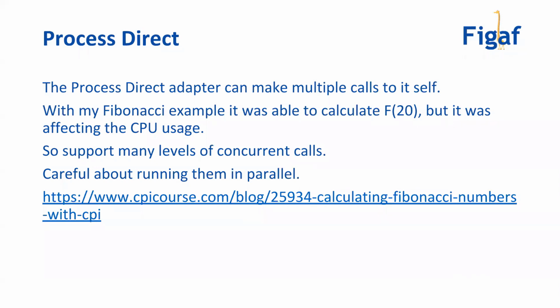Do be careful about setting the numbers to more than 20. I think 22 crashed on mine, but maybe that was some other problem. Another thing I found was if I set the process to run in parallel, so both run 19 and 18 in parallel, it would create a lot of different processes concurrently, and this would affect the performance, and it was, I don't know, many times slower than if I just ran one at a time.